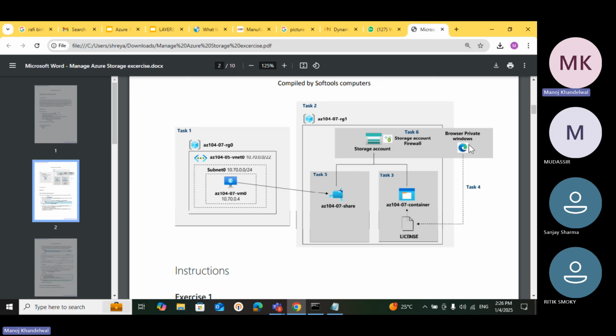The storage will be accessible or not accessible? By default, it won't be accessible because there's security. Then we'll see how to give permission so that we can access the storage for a particular time. We have something called a shared access signature. We'll create a shared access signature for this. Using that, we'll be able to access it.